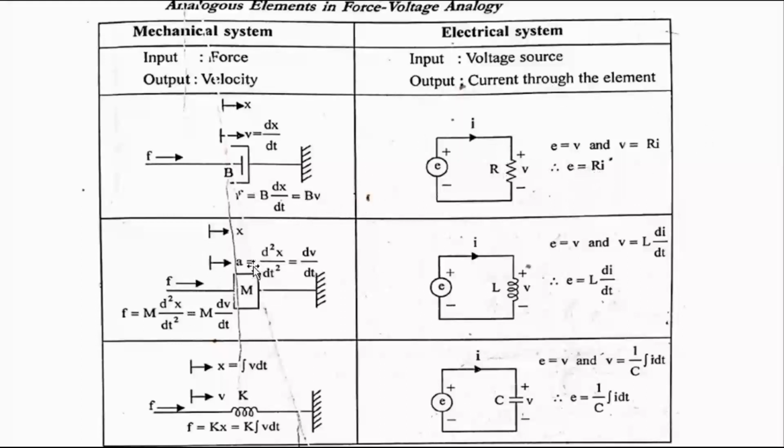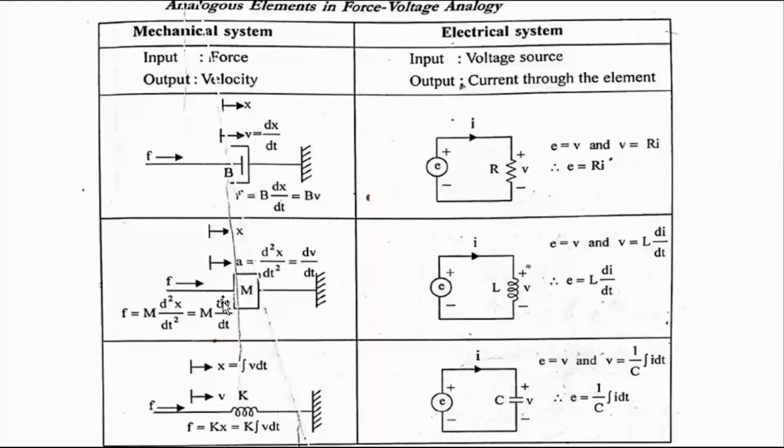The next mechanical element is the mass element. The formula for the mass element is m into d square x divided by dt square. D square x divided by dt square is equal to d by dt of dx divided by dt. Dx divided by dt is velocity v. So this formula becomes m into dv divided by dt.